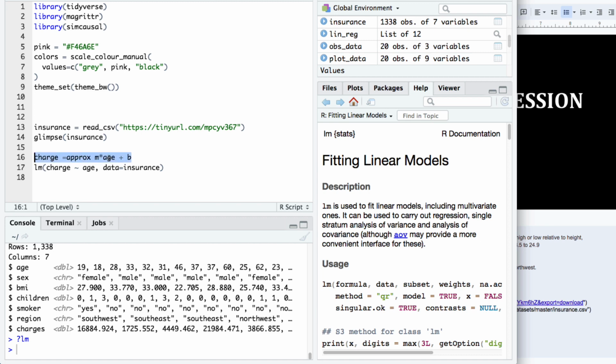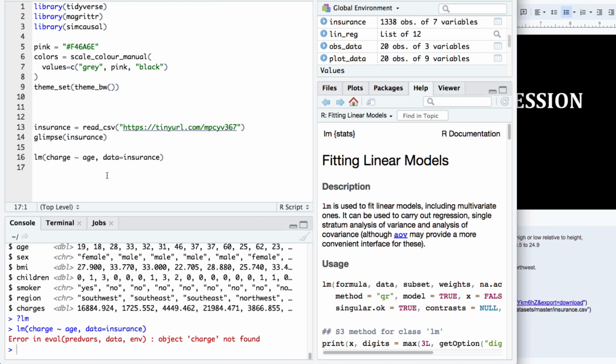This is our little shorthand for that. So, saying approximate this variable with some constant times age plus some intercept. The intercept is implicit here. I think you can write it explicitly, but it assumes that you want an intercept if you don't put it there.